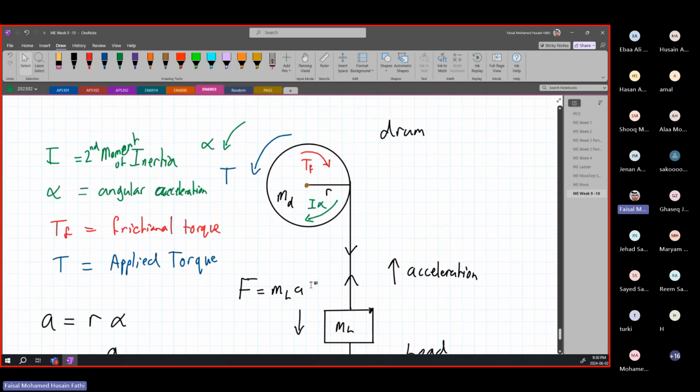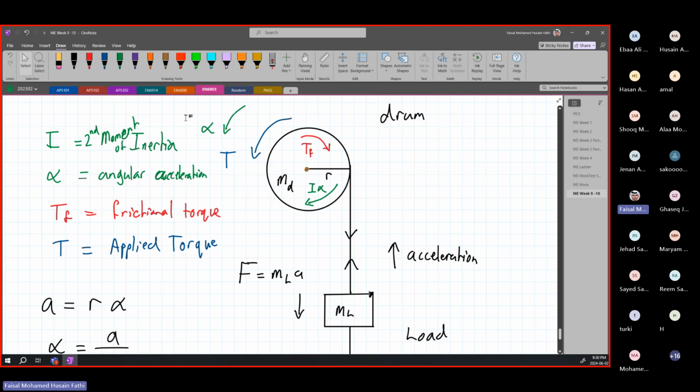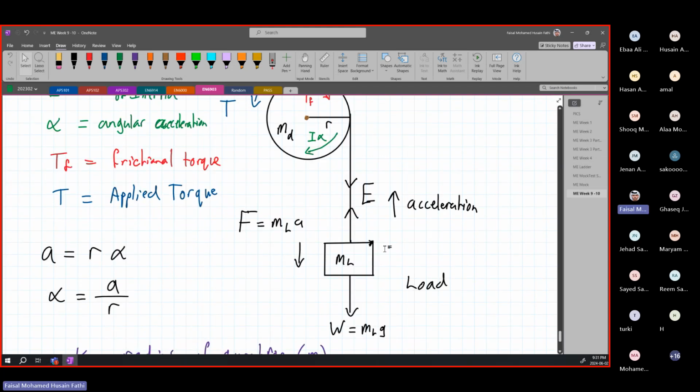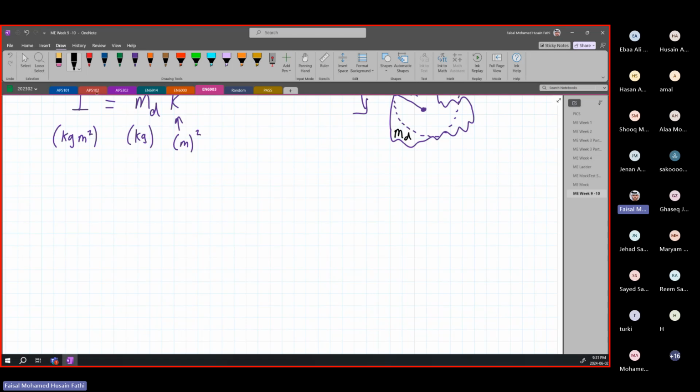So when I'm saying solve, for what exactly? If we look at this setup over here, let's say we have a total force that we call E, which is basically the tension in the cable. If we're just analyzing the bottom part now, I'm just going to redraw it here.